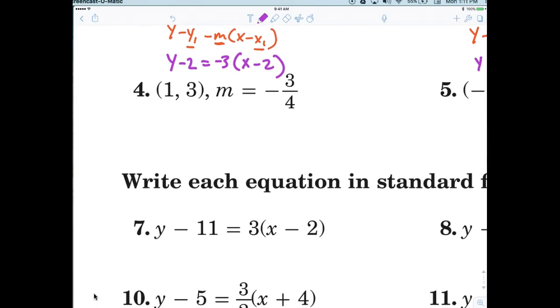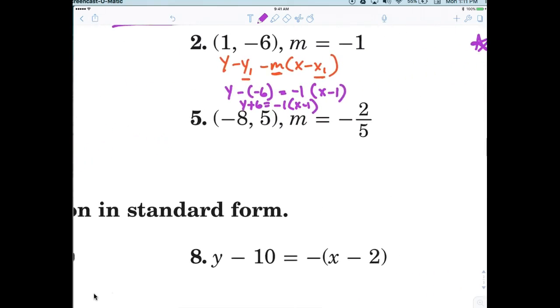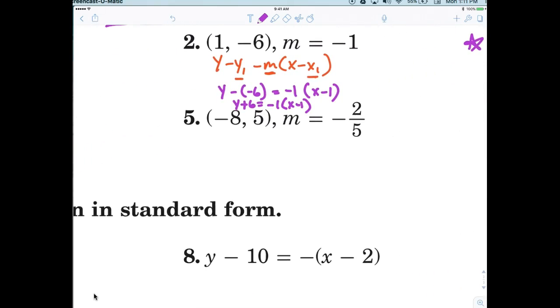Number 4. Here we go. Tell me, Bridget. y minus 3 equals -3/4, and then plus 2x minus 1. Beautiful. Daniel, number 5. So it's y minus 5 equals -2/5.